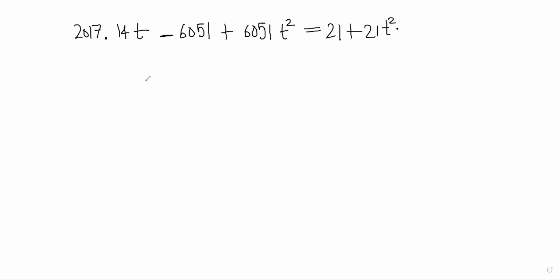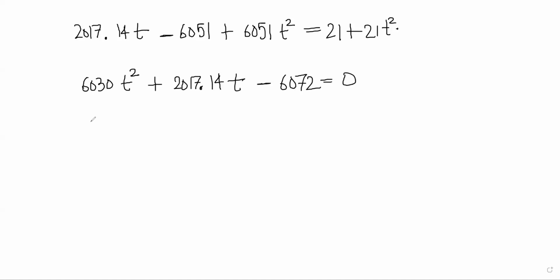So basically, bringing everything on one side, you get 6030 t square plus 2017 times 14 t minus 6072 is 0. You can divide by 2 here. You will get 3015 t square plus 2017 times 7, which will become 14,119 t, minus 3036 is 0.